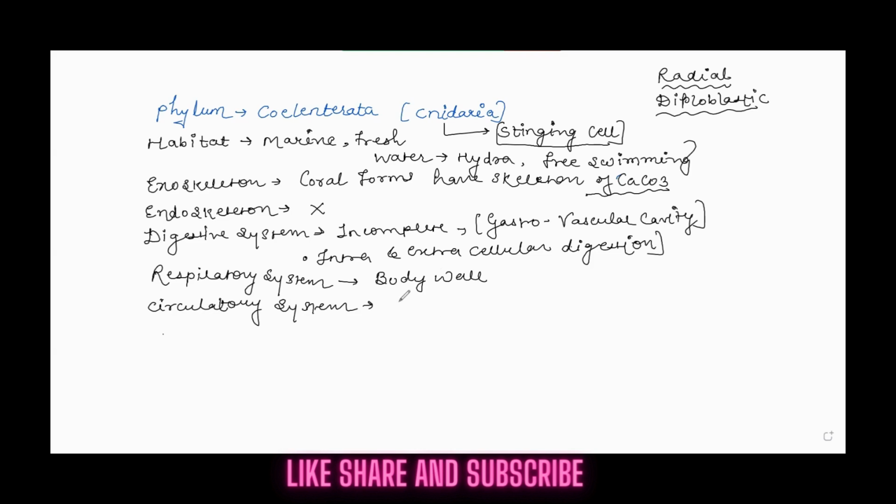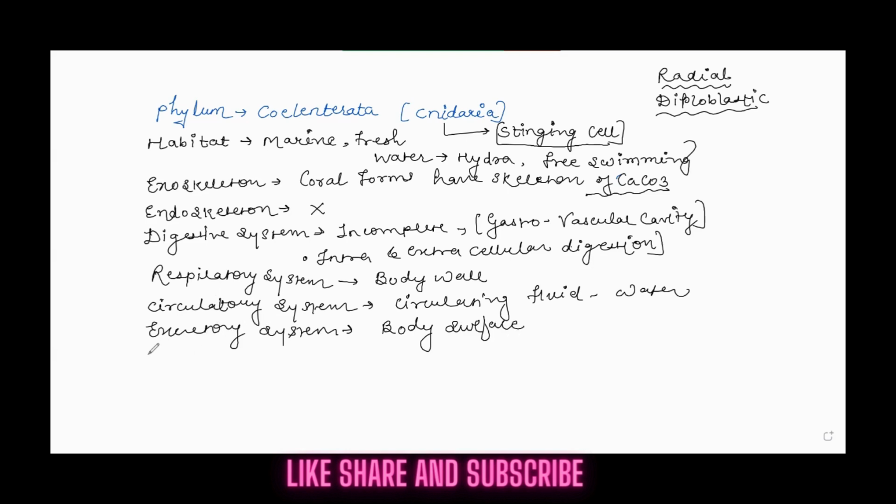So circulatory system, they have circulating fluid, that is water. Okay. Now next is their excretory system. So excretory system, they can remove all the unwanted waste from their body surface.